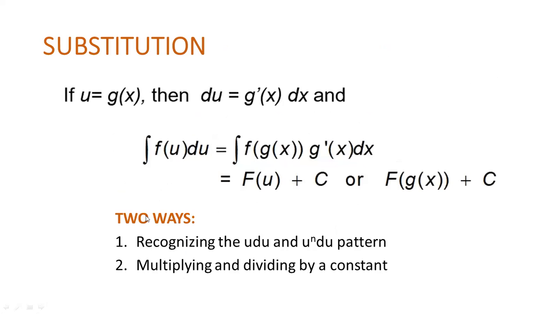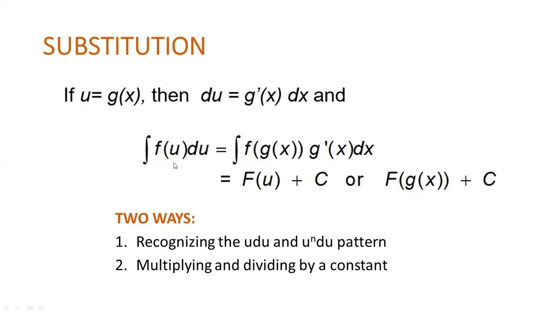Okay, now we go to the last topic, which is substitution. Later on, you can raise your questions if you have any. Now, if u is equal to g of x, we know that when we determine the derivative of u, that would be g prime of x dx. This is how we represent the derivative in your differential calculus.